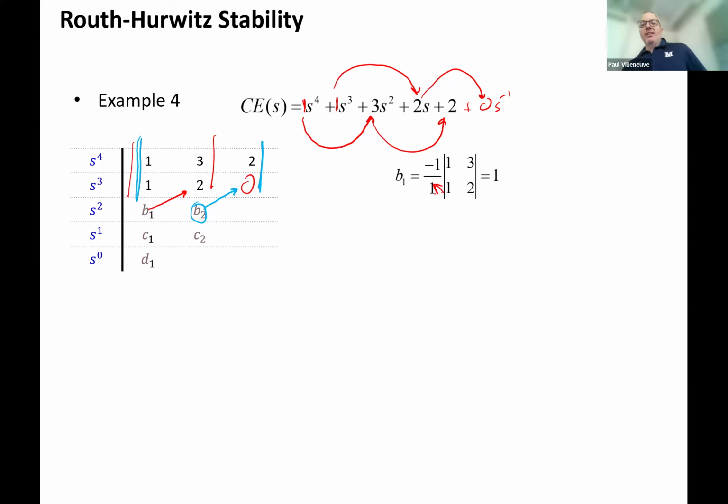So -1 times 2 minus 3, because it's this multiplication minus this multiplication. So that's 2 minus 3 is the determinant. Then you multiply that by -1, because -1 over 1 is just -1, and you end up with 1. Let's do B2. Everybody see now? Does that help highlight where we got the terms for B2?